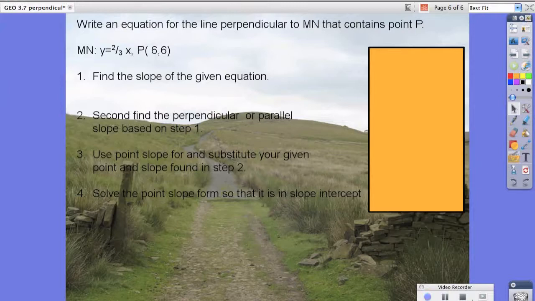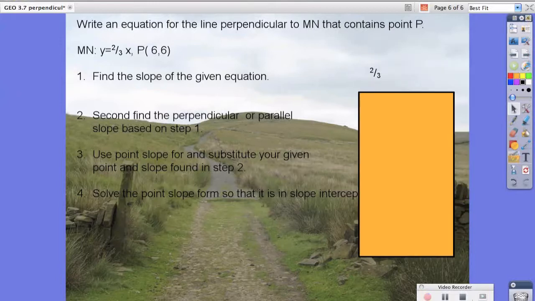Another one is: write an equation for the line that is perpendicular to MN that contains the point P. So they give us an equation of a line here, which is MN. What we're going to need to do is, one, find the slope of the given line. So it's y equals mx plus b. Therefore, here is your m, which is our slope here, which is 2/3.